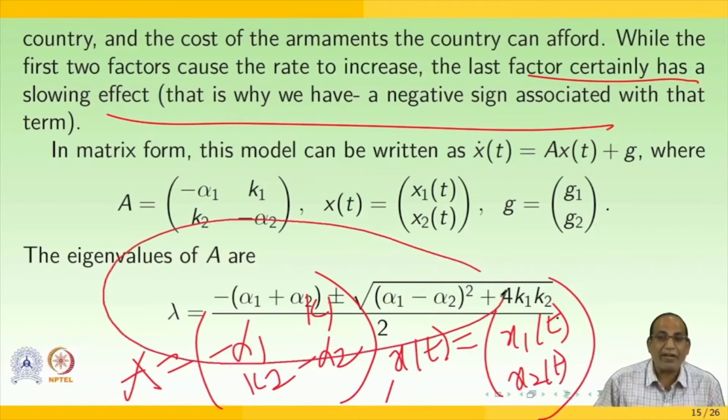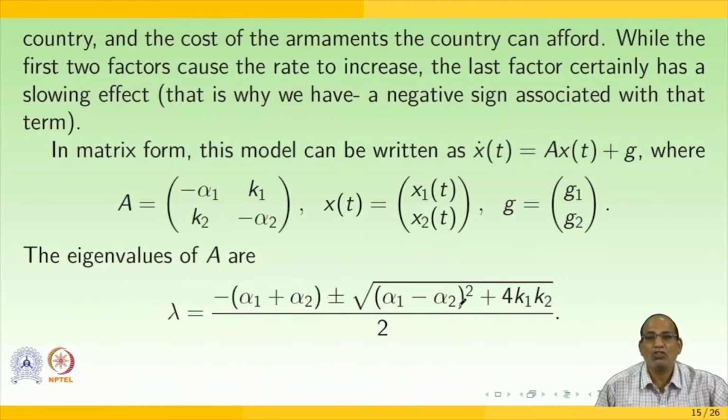So, the eigenvalues can be computed by using this expression, as we know very well, that is lambda is equal to minus of alpha 1 plus alpha 2, plus or minus square root of (alpha 1 minus alpha 2) squared plus 4 times k1 k2, divided by 2.